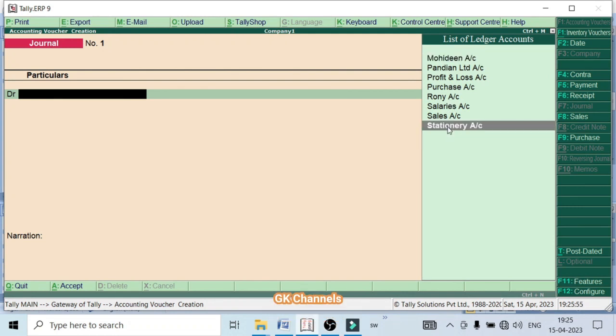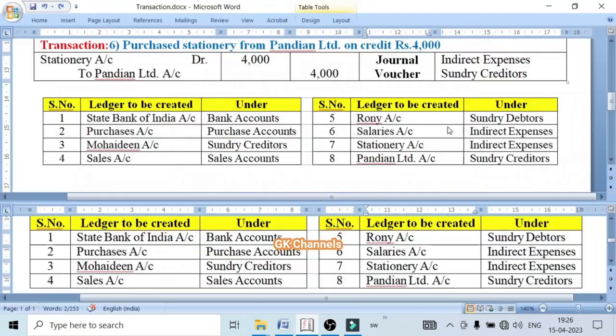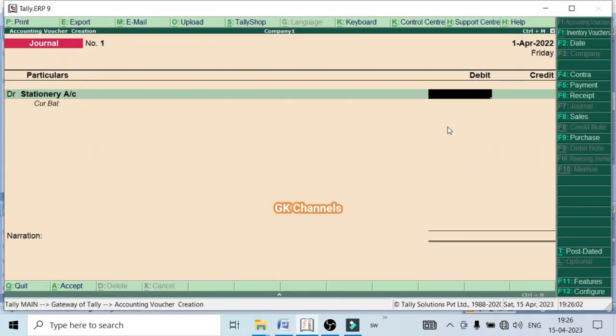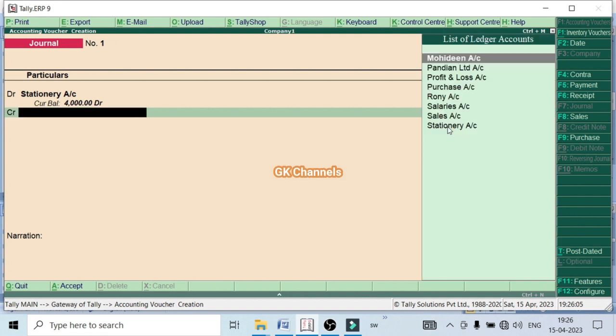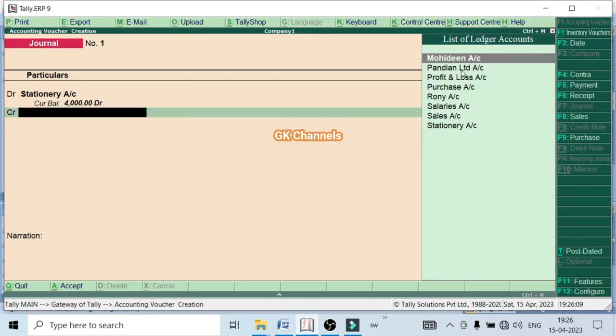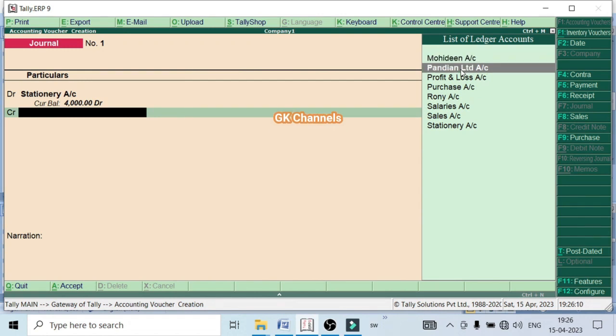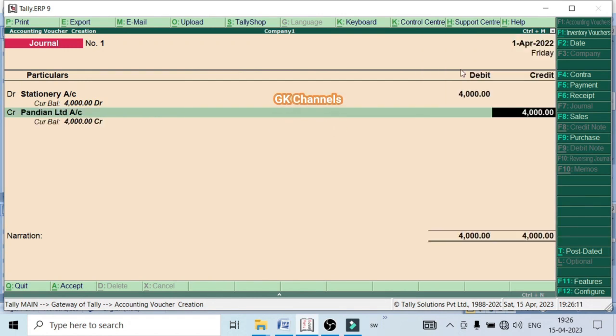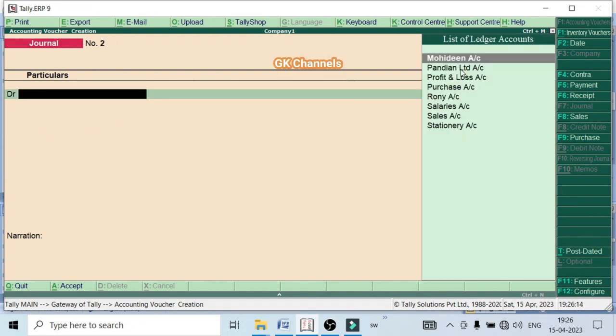Debit stationery account, and the amount is 4,000. Credit Pandian Limited account and the amount is 4,000. Control A to save this accounting voucher.